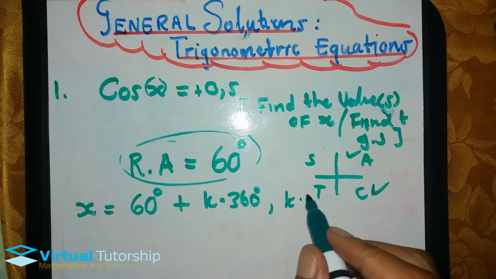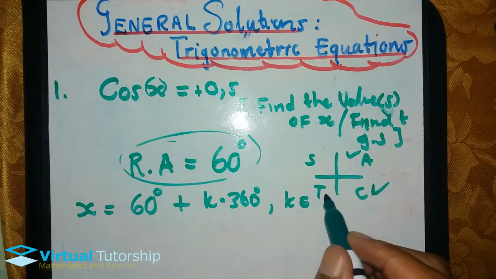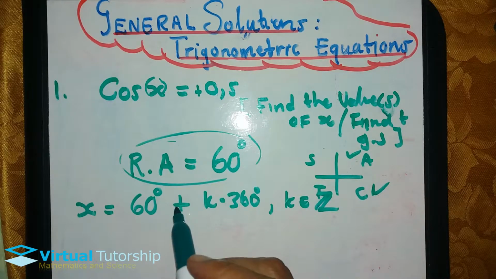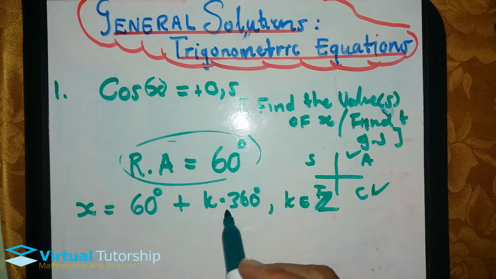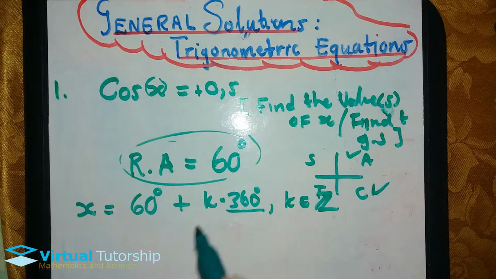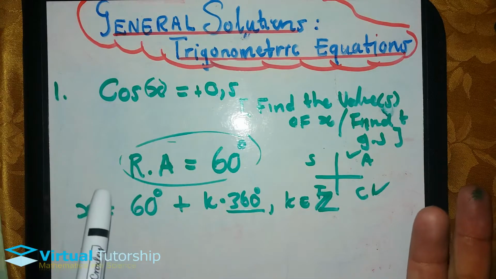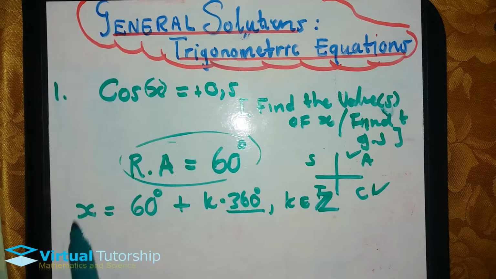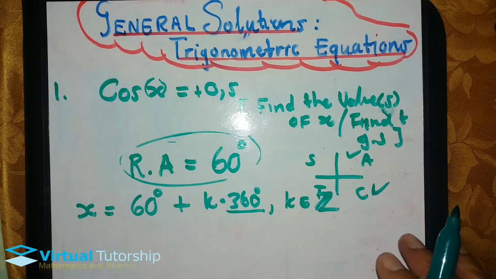So in the first quadrant x wakho is equal to the reference angle plus k times 360 degrees, where k is the element of integers, ne? Ngithi plus k times 360 degrees. The 360 degrees uyi period yani ye cos function. Angisho sakhumbula na udraw lama graph wakho now draw ama-functions we cos, the period is 360 degrees.